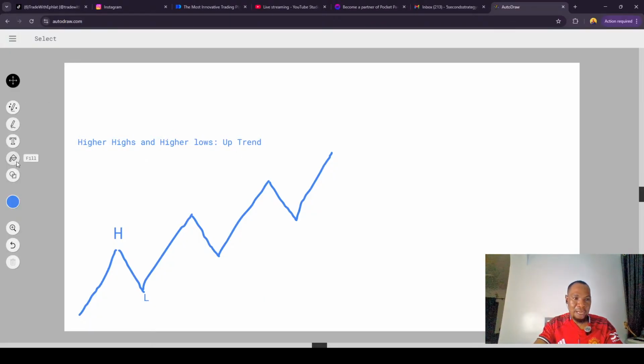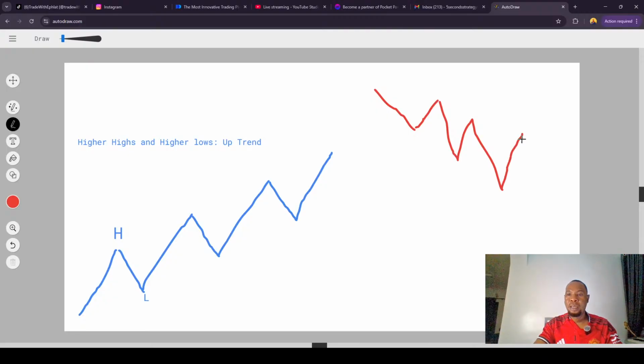Then on the other hand, if you have something that moves like this, you come here, go low, high, low, high, and low.